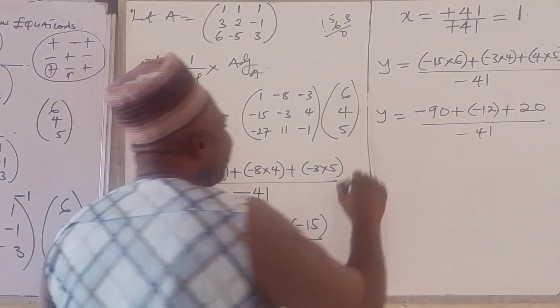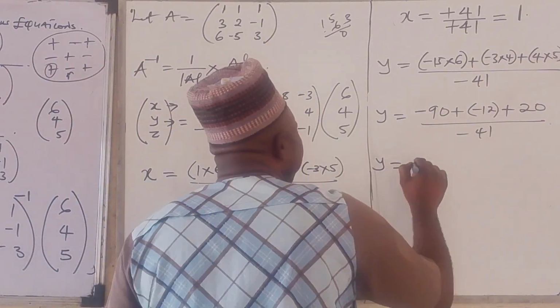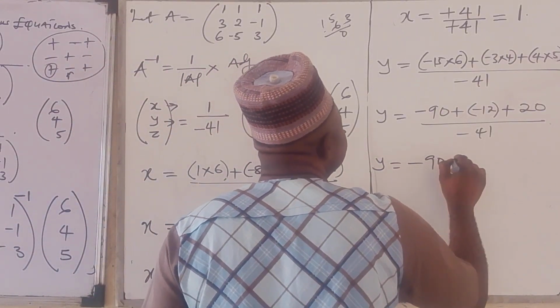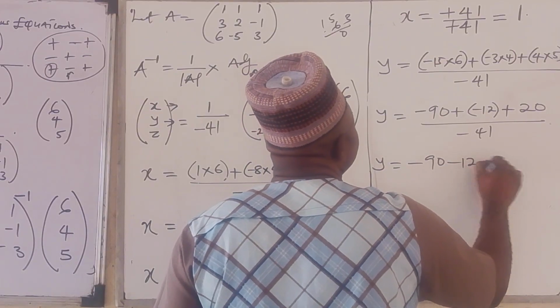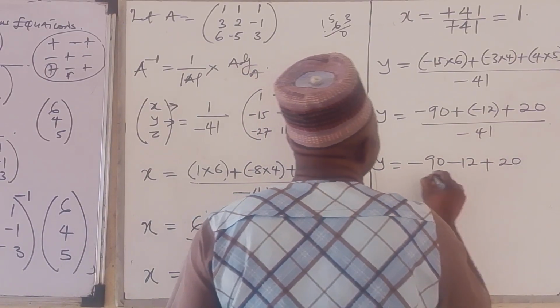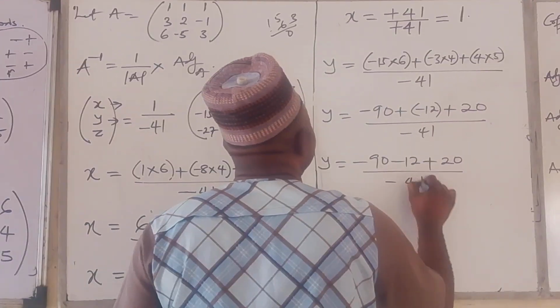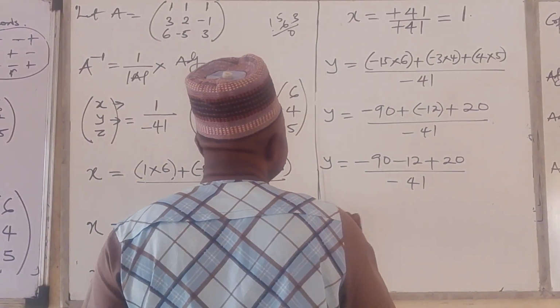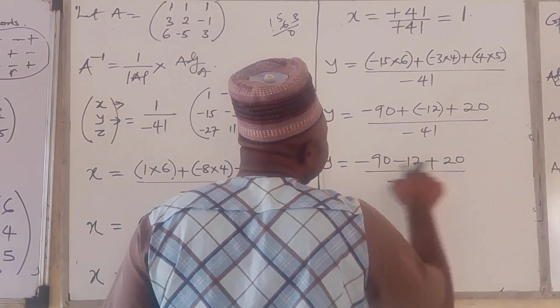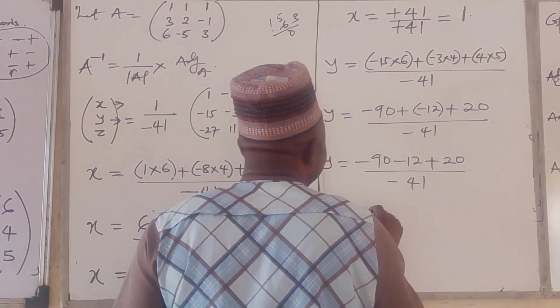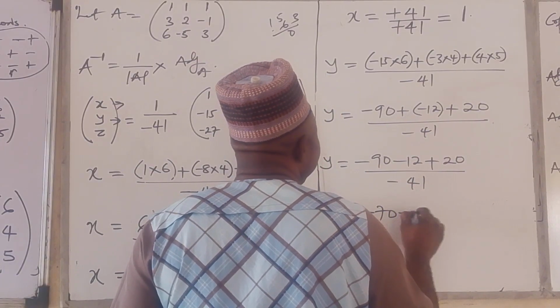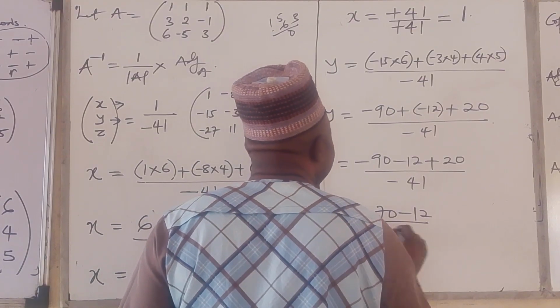It means the value of our y will be equal to minus 90 minus 12 plus 20 all over minus 41. Yes, so this is the same thing as saying minus 90 plus 20 is minus 70. So minus 70 minus 12 all over minus 41.